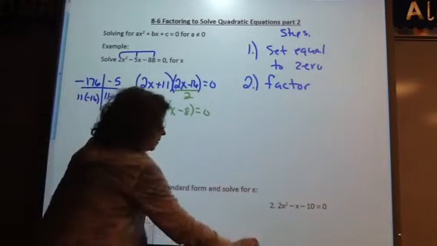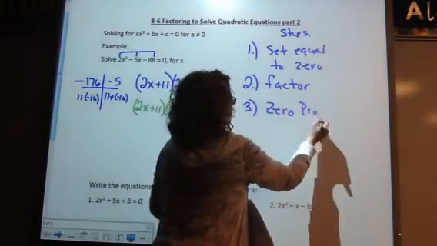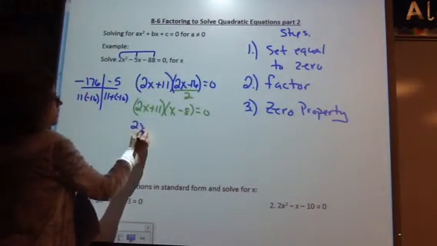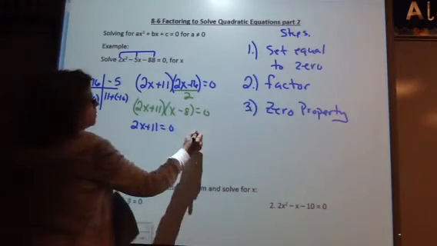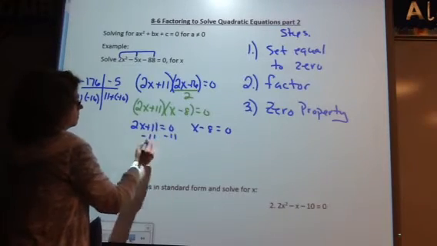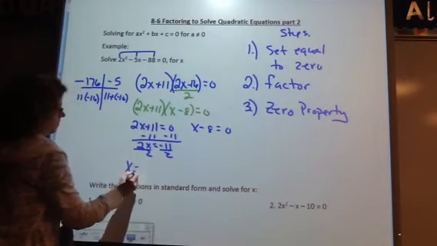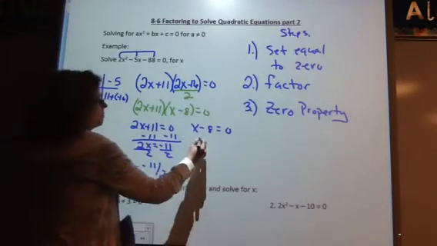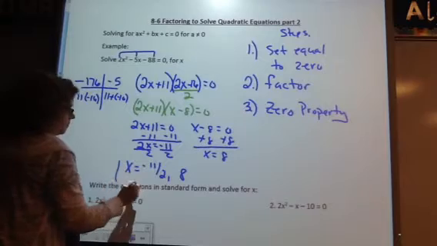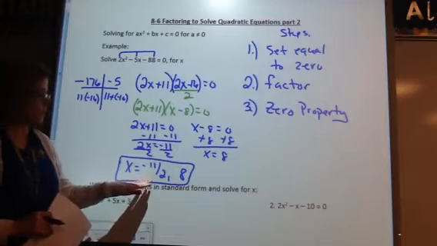And then our last step here is to use our 0 property. Okay, so we're going to put 2x plus 11 equal to 0. And x minus 8 equal to 0 and solve for x. Okay, so my solution is negative 11 halves and 8.